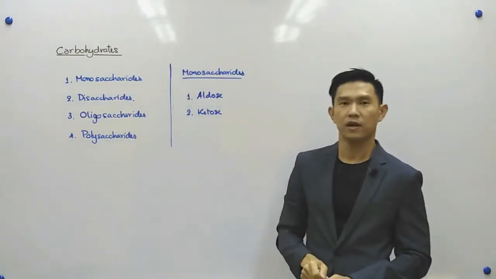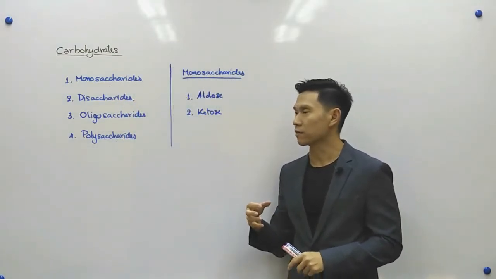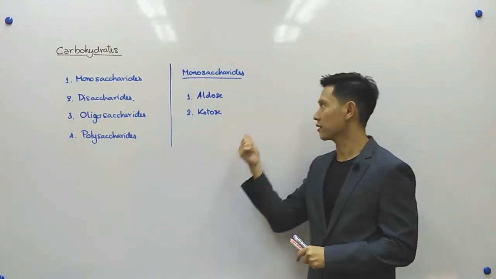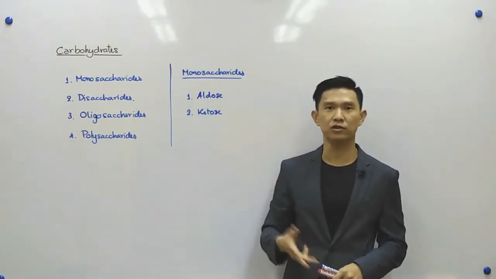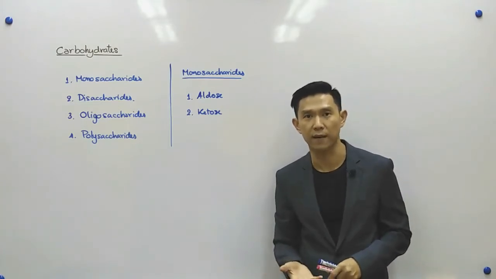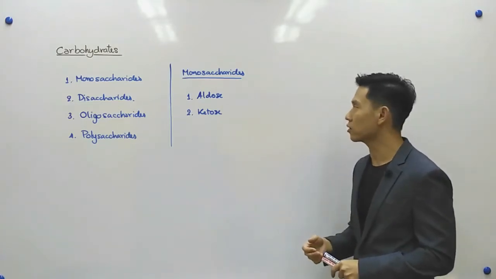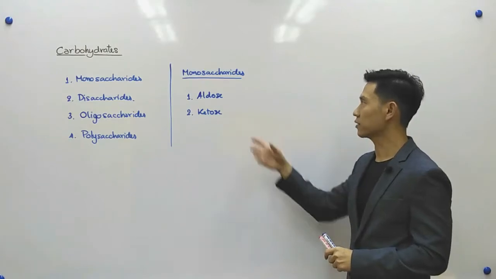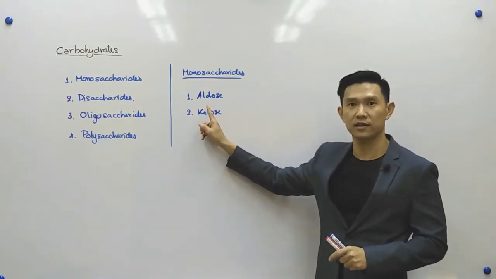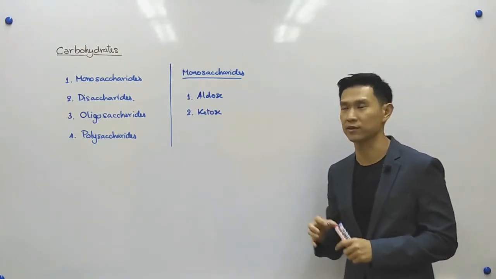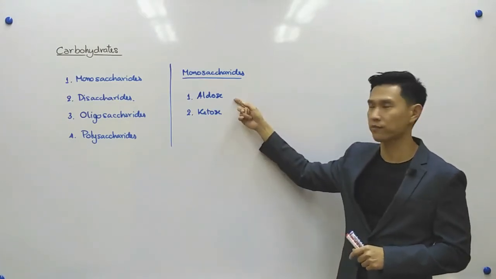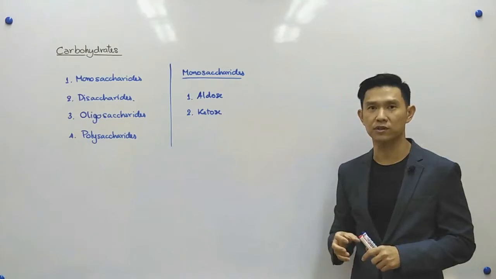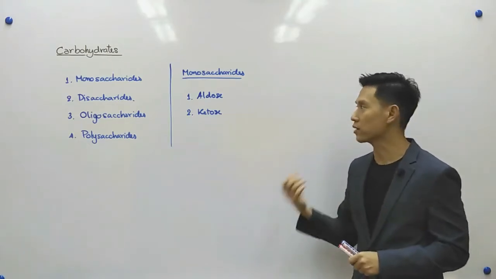As you know, almost every carbohydrate name ends with OSE, like glucose, maltose, lactose, fructose, sucrose, things like that. If your sugar has an aldehyde functional group in the structure, we call this kind of monosaccharide aldose. And if you have a ketone, we call them ketose.